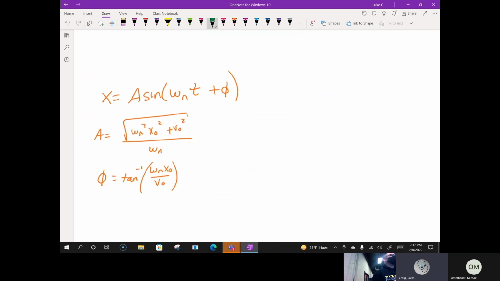How are A and phi found? So x at time of 0 is called x naught. V, which is x dot at time of 0, is v naught.